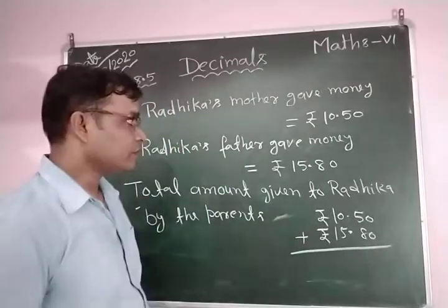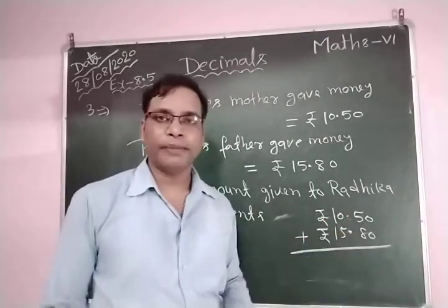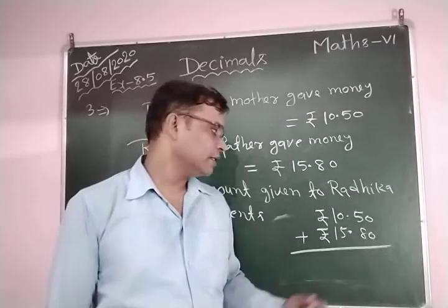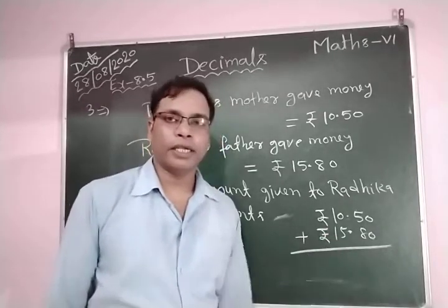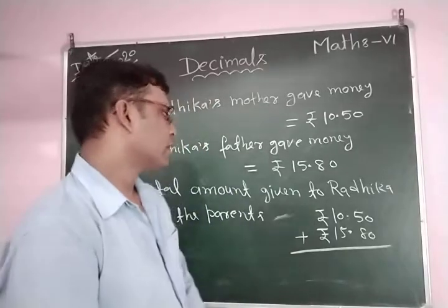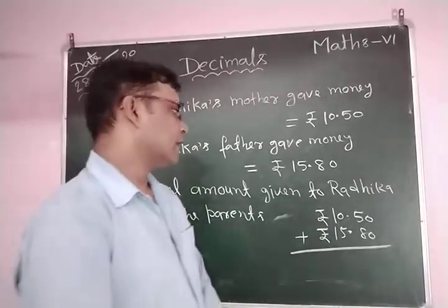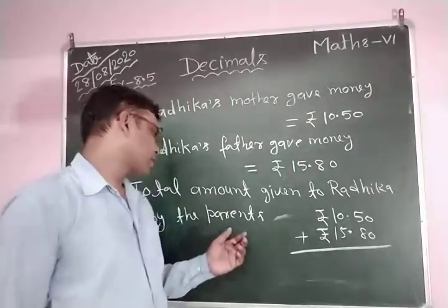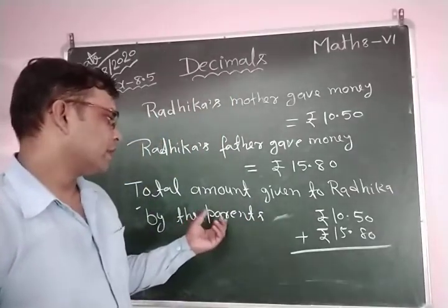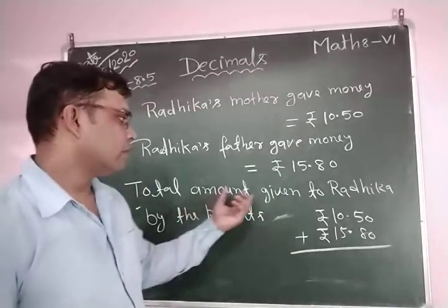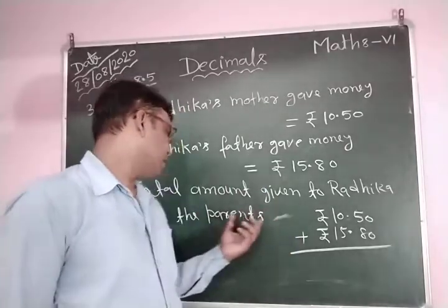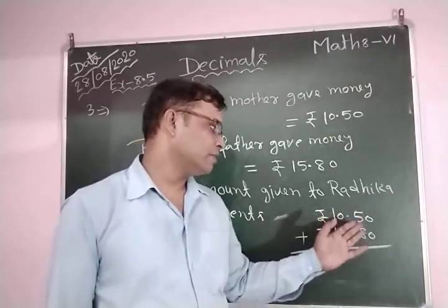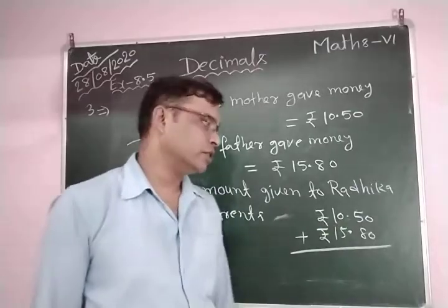Okay, so this amount 10.50 is given by her mother, and rupees 15.80 is given by her father. So the total amount given to Radhika by the parents is equal to 10.50 plus 15.80.